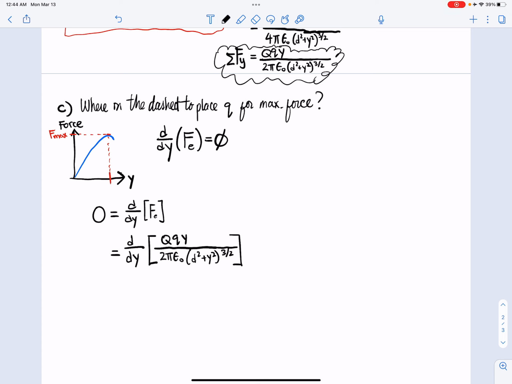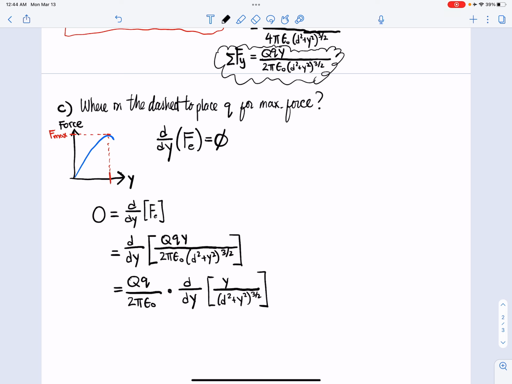And I'm going to take my constants out. Which are my constants? Capital Q, little q, 2 pi epsilon naught. These are my constants, so I'm just going to move them out of the derivative. So Qq over 2 pi epsilon naught times the derivative along y of y divided by (d squared plus y squared) to the power of 3 over 2.